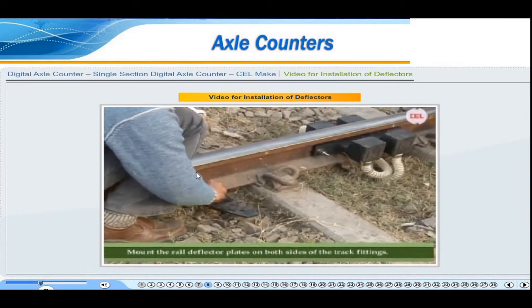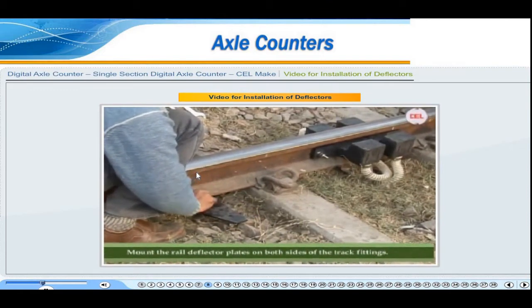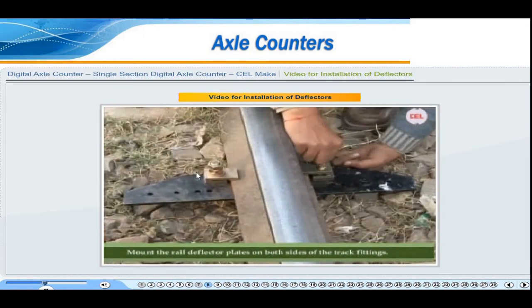While installing the rail deflector, mount the rail deflector plates on both sides of the track fittings.